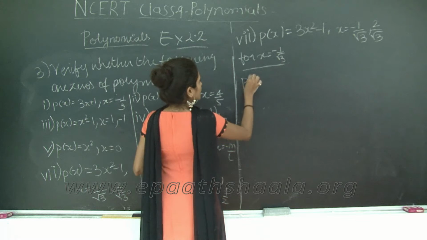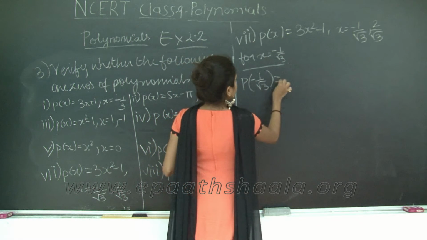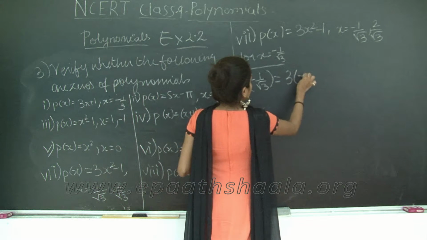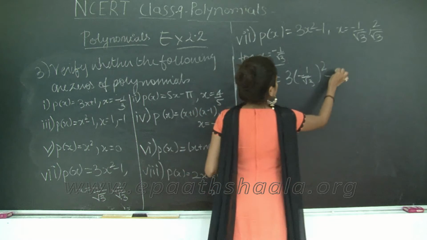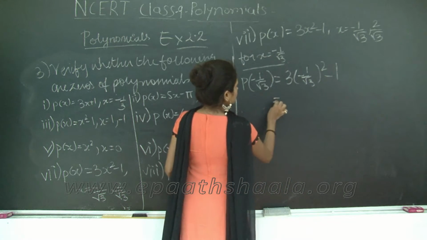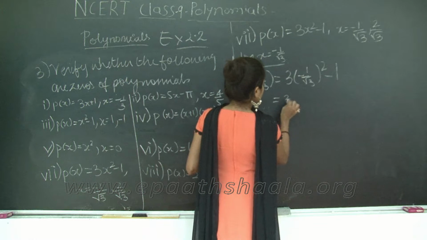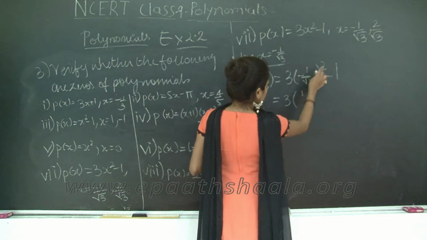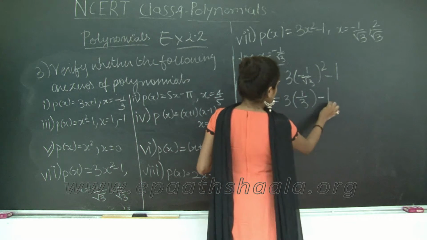So this becomes P of minus 1 upon root 3 is equal to 3 times minus 1 upon root 3 the whole square minus 1, correct? The square of minus is positive, so this becomes 1 square is 1, root 3 square is 3, minus 1, right?